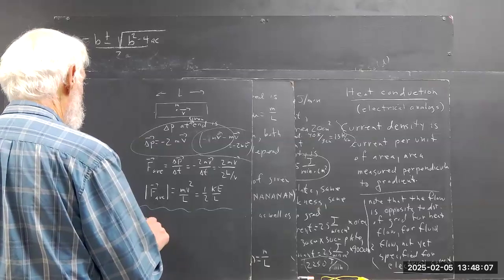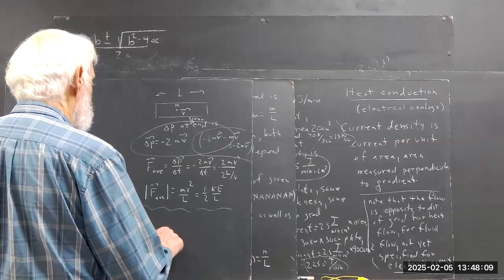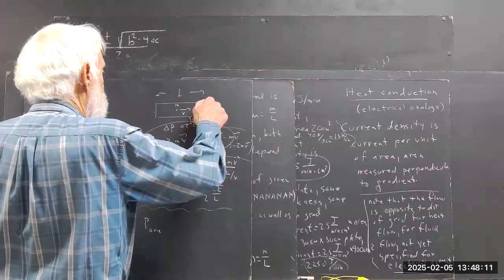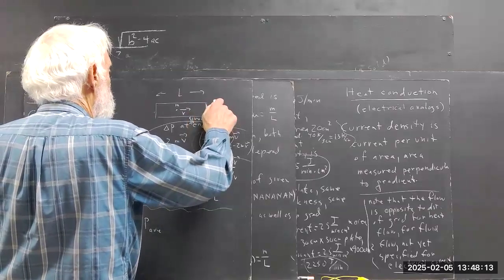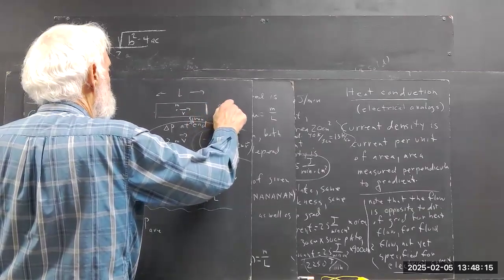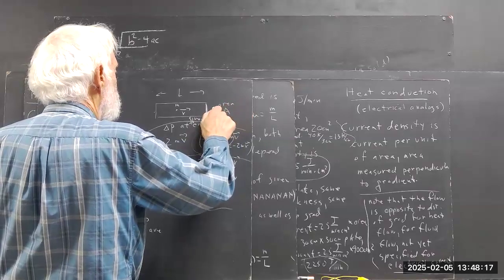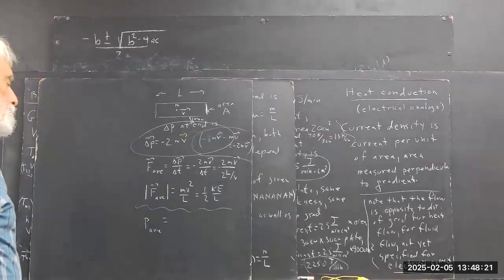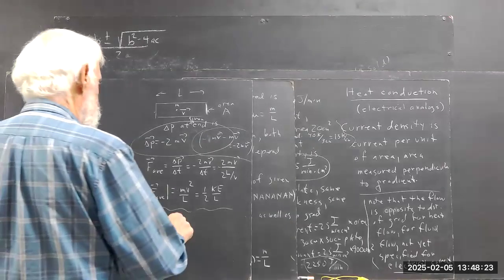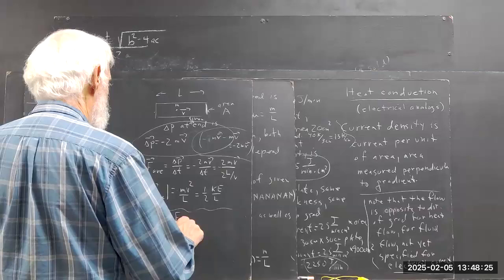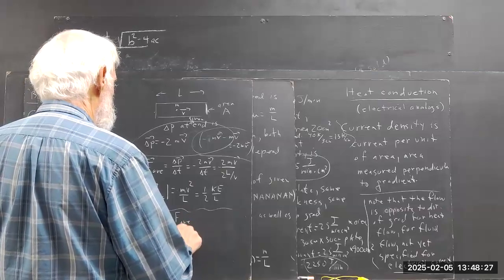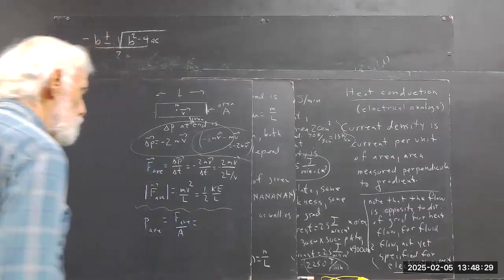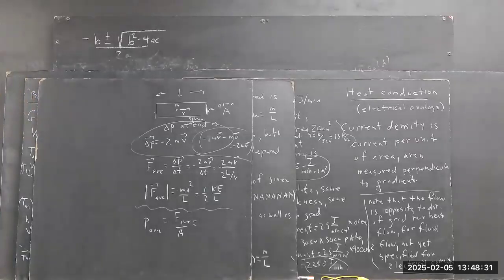Pressure. We're just talking about the pressure in this end here. Area is A. So what's the average pressure? It's average force divided by the area.